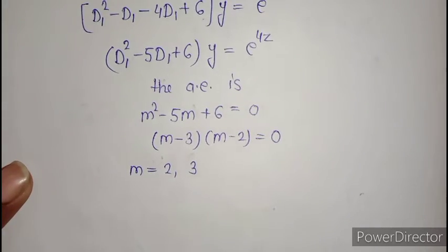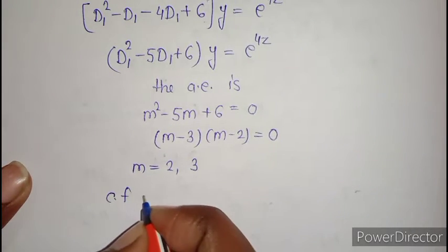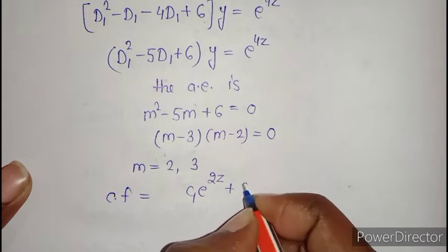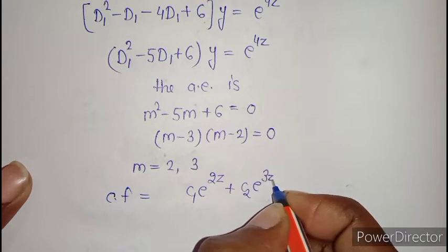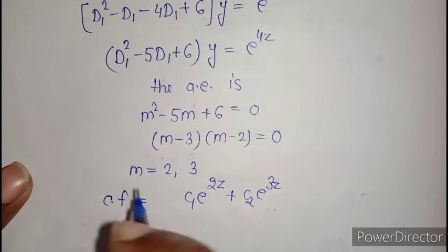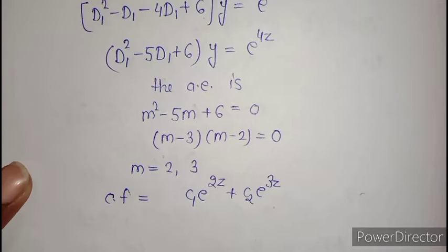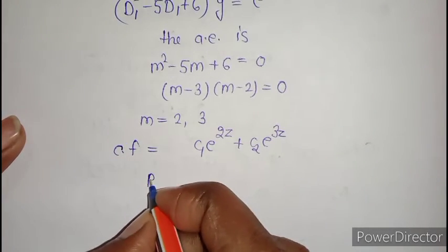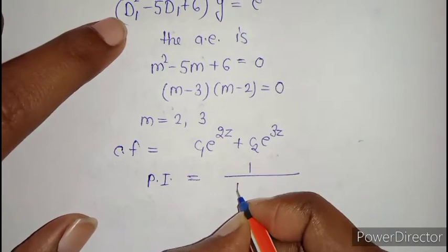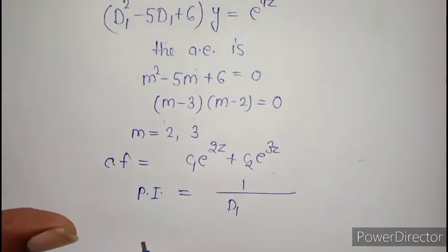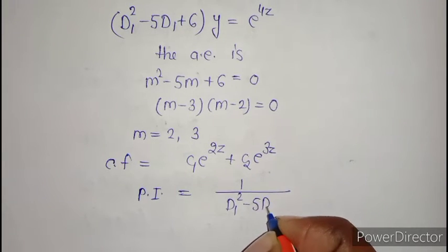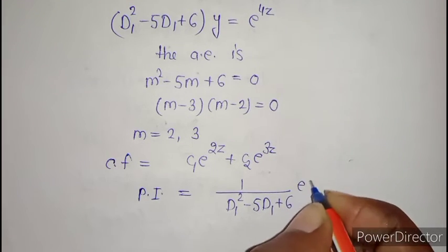So if we write the CF of this differential equation, our CF is equal to C1 e raised to power 2z plus C2 e raised to power 3z. Since all the roots of this differential equation are real and distinct, we can apply this method. Now I am going to write the PI for this differential equation. So it becomes 1 upon D1 square minus 5D1 plus 6 times e raised to power 4z.